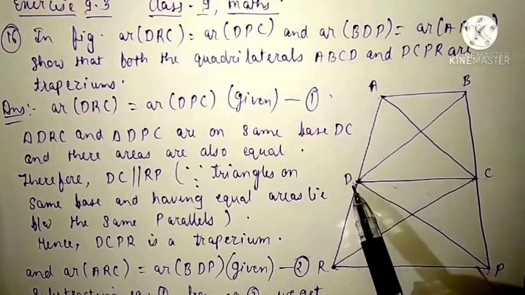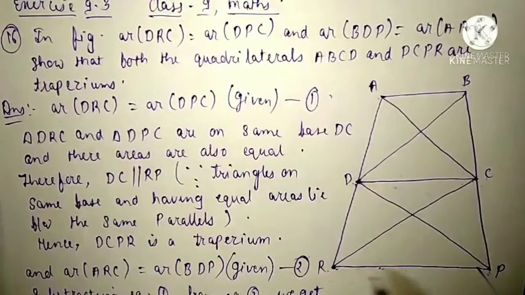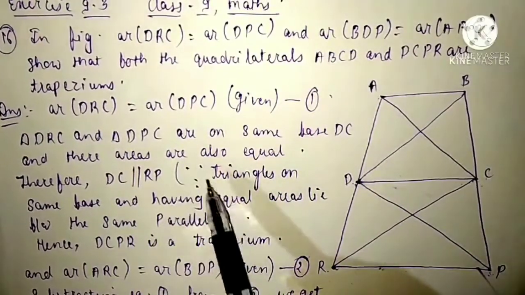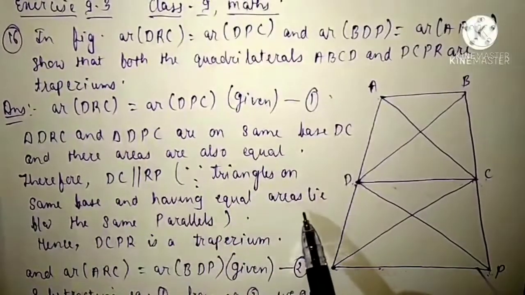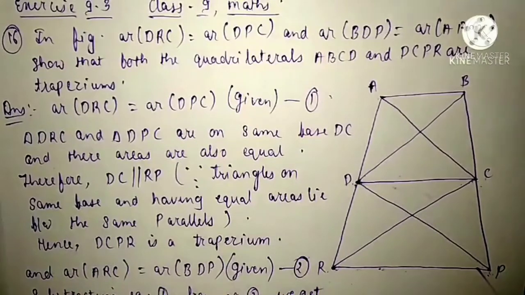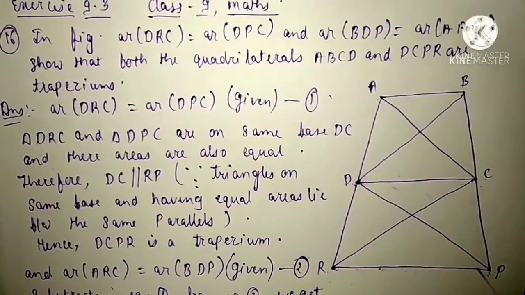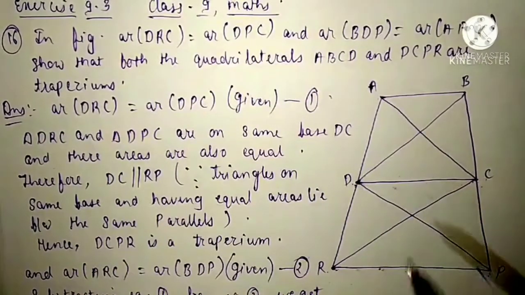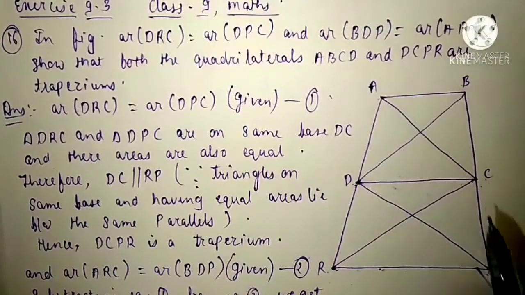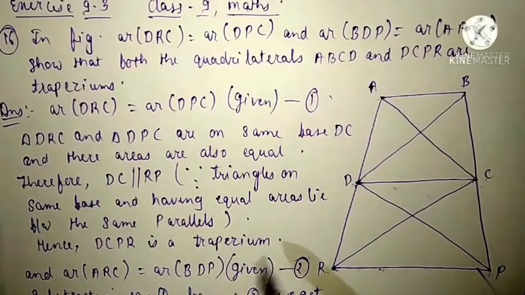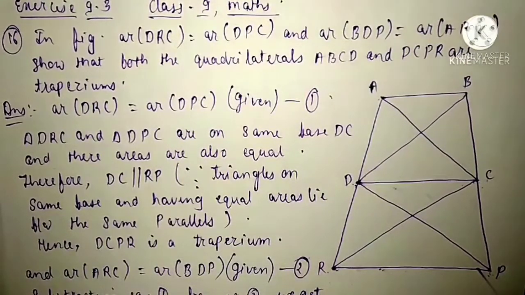Therefore DC will be parallel to RP. Reason will be, since triangles on same base and having equal areas lie between same parallels. Now if these two are parallel, then we can say that DCPR is a trapezium. First part is proved.